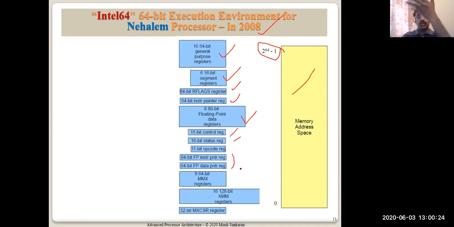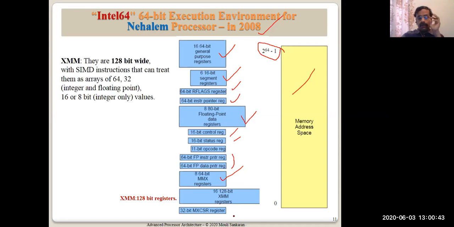This is to address those in the memory. And we also have MMX, which is called multimedia extension. I will not go into the details of them. It's a separate set of instructions for media processing, image processing, video processing, audio processing.